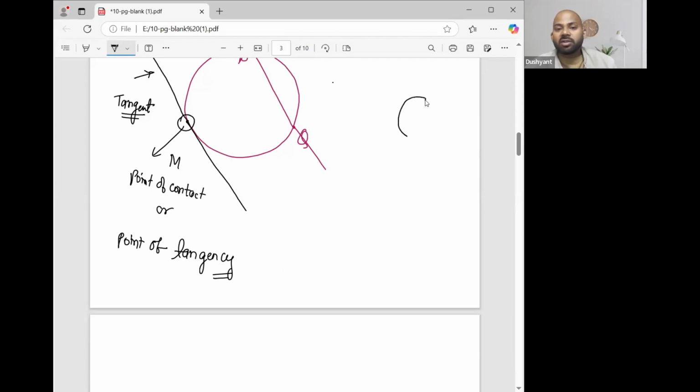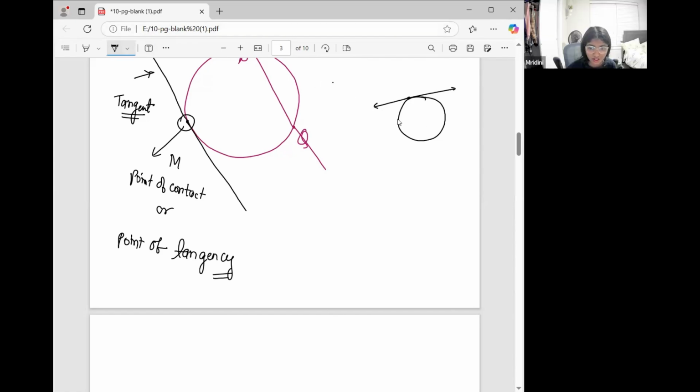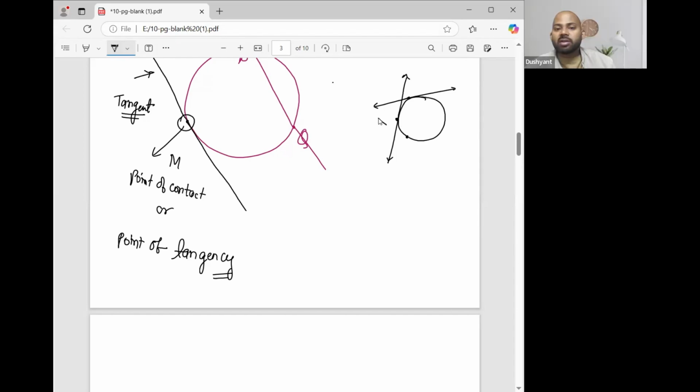If I have this circle and a point here, I can make a tangent that will just touch this point and pass like this. If I have a point here, I can make a line that will pass through this point. This is also a tangent.